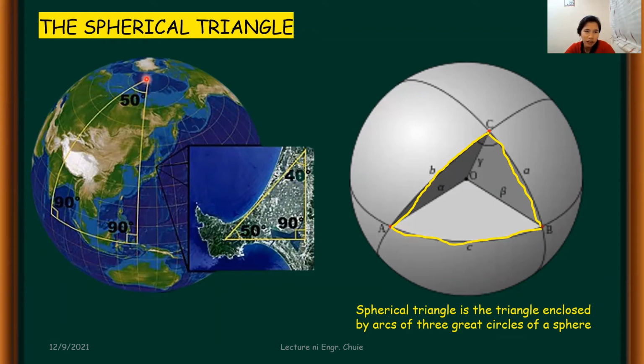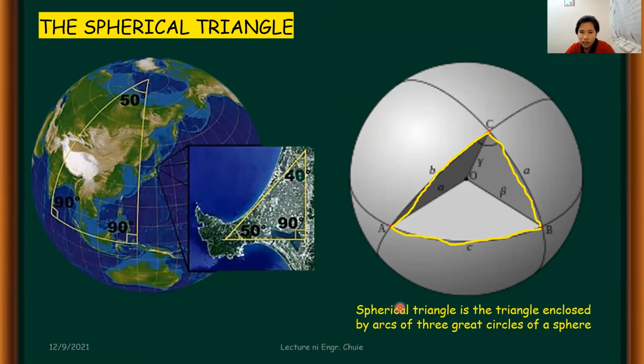And we have also another one from the North Pole going down. This is another great circle to the opposite side. And then we have 90 degrees. This is the equator. In that case, we can create a spherical triangle.